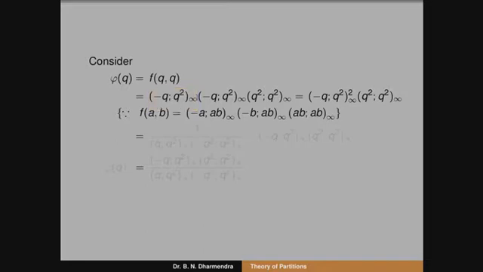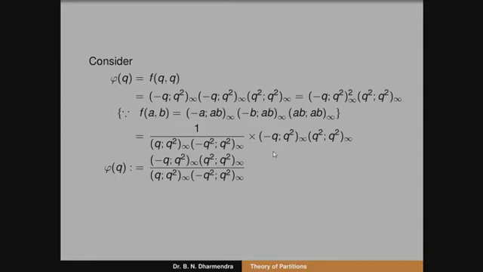So we can replace the minus q square infinity term by 1 divided by q square infinity into minus q square infinity, into the remaining two terms, that is minus q square infinity into q square infinity. So that is nothing but phi of q, that is minus q square infinity into q square infinity divided by q square infinity into minus q square infinity. So this is the first special case of Ramanujan's theta function.